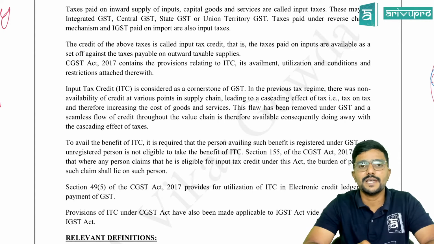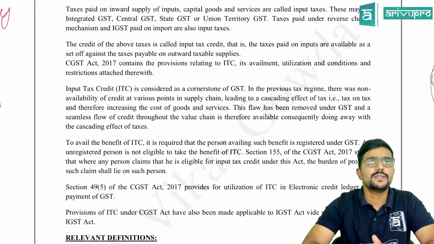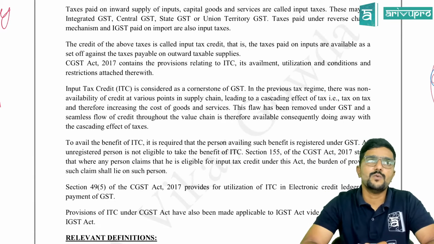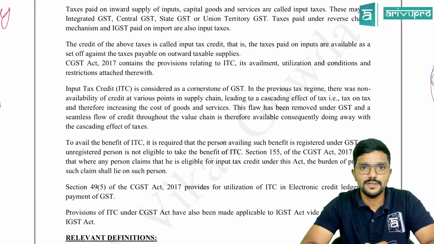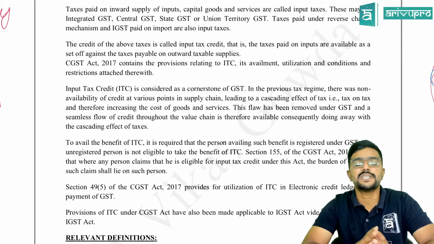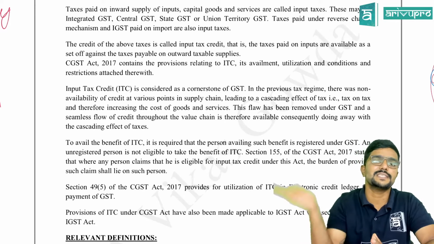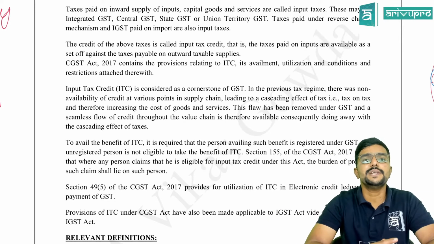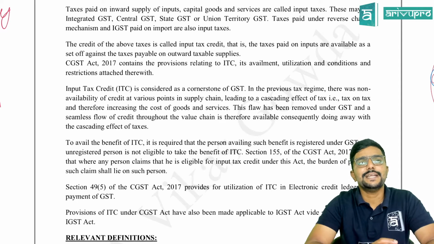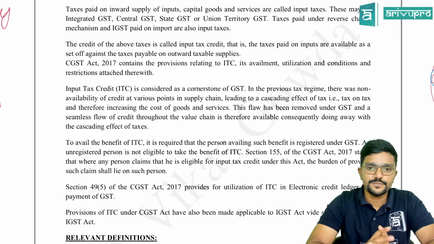Under the previous indirect tax regime, we have understood in chapter 1 how it was working and how things have changed under GST. Under the previous regime, there were a lot of taxes levied on different taxable events, and there was no credit available to set off one tax against another. So it was leading to what? Cascading effect. But under GST, the cascading effect has been reduced.